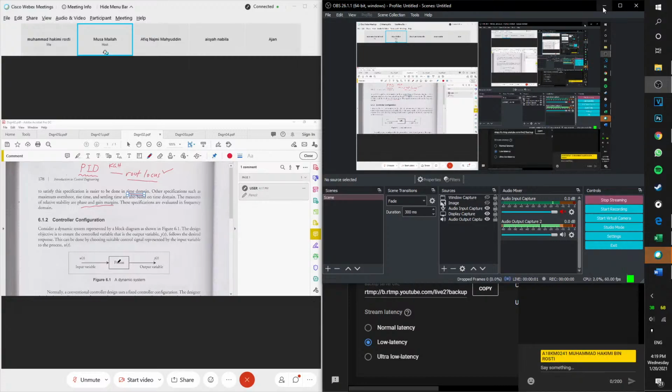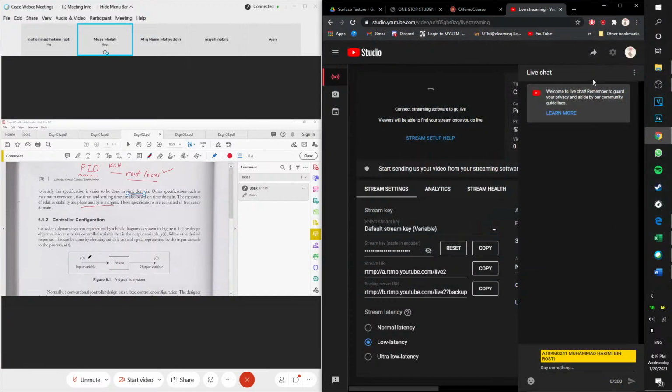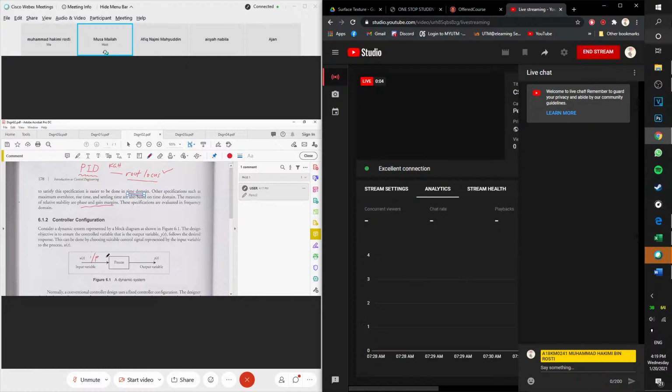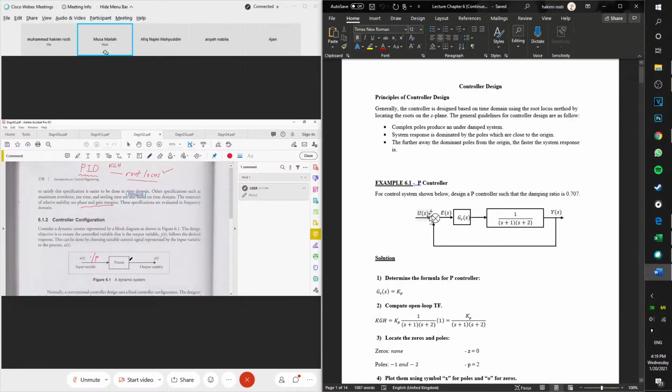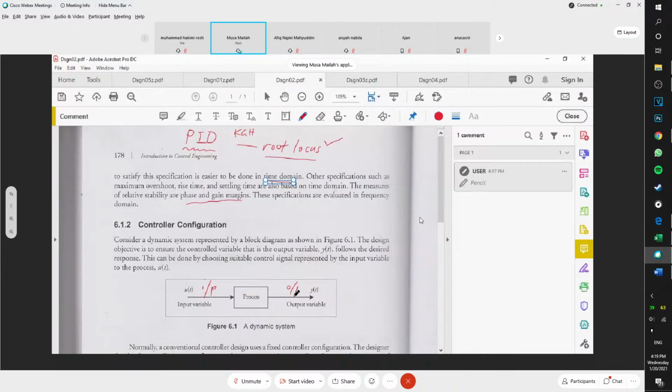The process that goes into the block diagram is called input, right? So anything that goes into the block diagram is called input, and anything that goes out from the process is called output. The arrow pointing away is called output. Or sometimes it is called response.